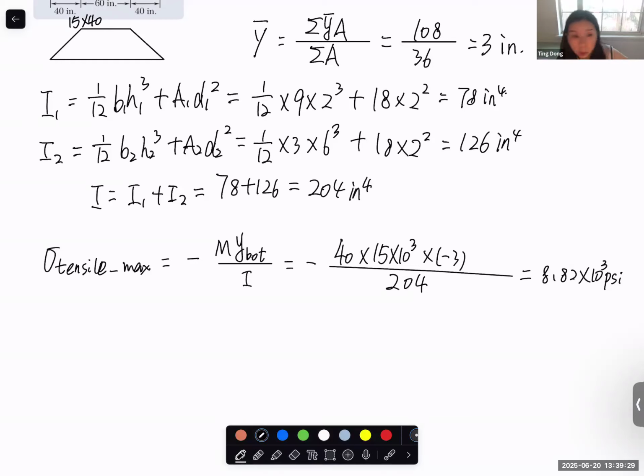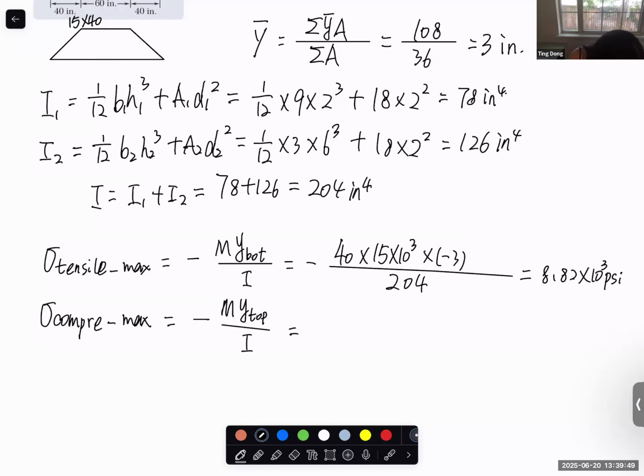So one more step, compressive maximum. We know we should use the y for the top surface. I use subscript top. The minimum is the same, of course.